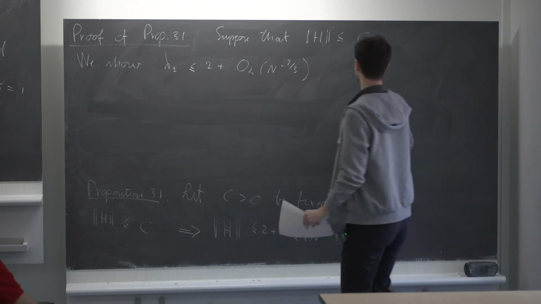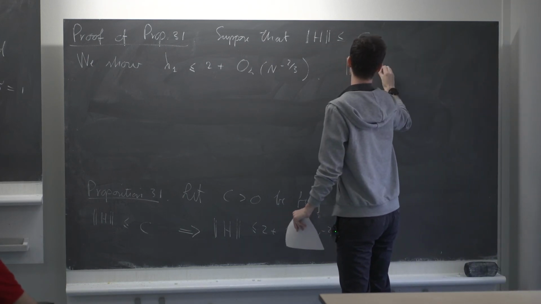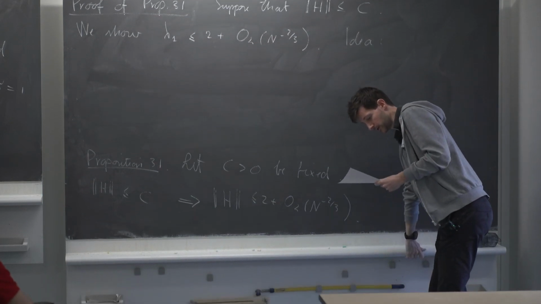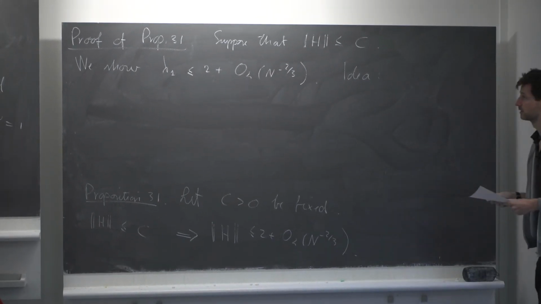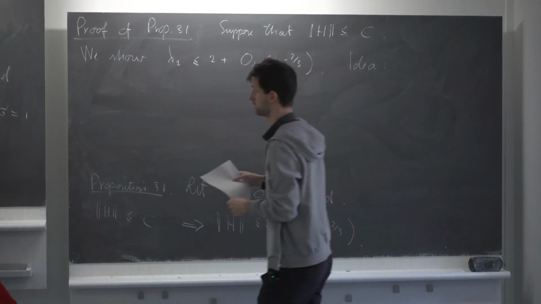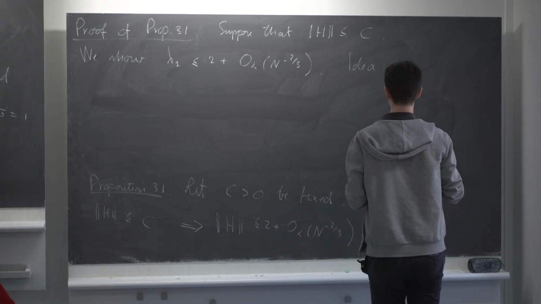So what's the idea? I'll explain the idea to you, which is very simple, and then the proof is just going to be doing these estimates carefully and making sure that this idea really works.